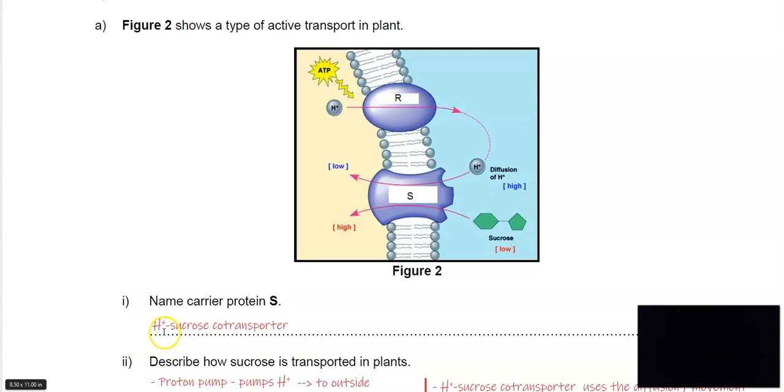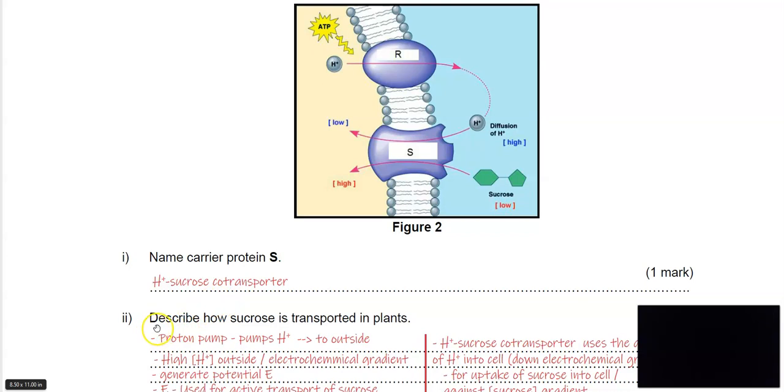If you just write hydrogen ion co-transport, that is the name of the process. By adding co-transporter at the end, it is referring to this transport protein. So remember to put the hydrogen ion first, and then the nutrient to be taken into the cell, which is sucrose.